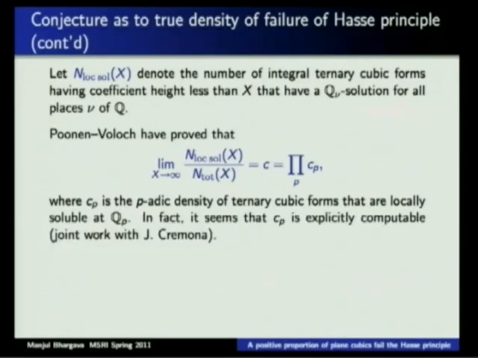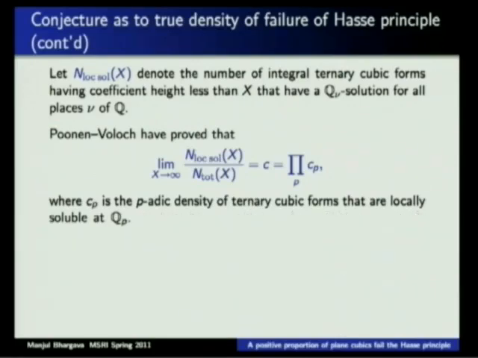Okay. And in fact, that's a theorem, and in fact they prove that C is strictly between 0 and 1. So the proportion of locally soluble ternary cubic forms among all ternary cubic forms has a definite proportion, C, and that number C is between 0 and 1.